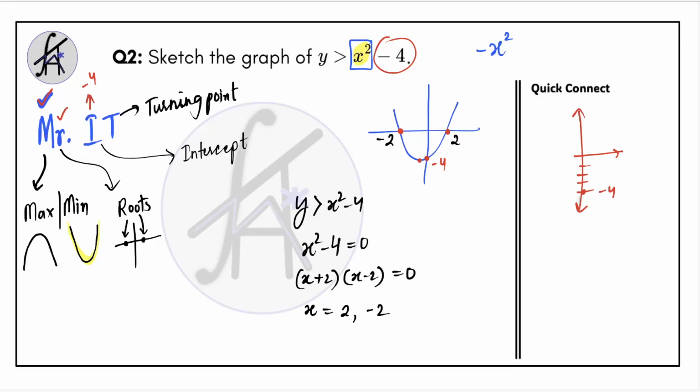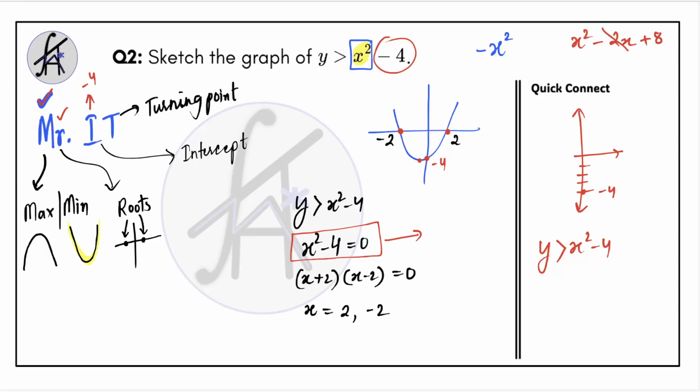It passes through this particular point. That's fine. And now the last thing is the turning point. Because the equation is y is greater than x squared minus 4, what we do for the turning point is actually use completing the square. But over here, it's not having any coefficient of x, so it's not the standard equation. Generally, we get equations like x squared minus 2x plus 8, something like this.